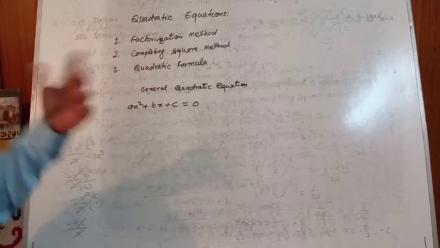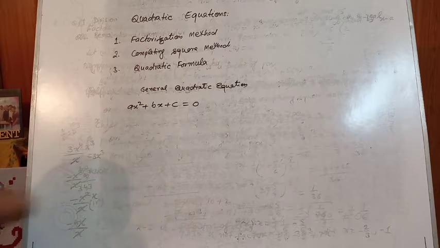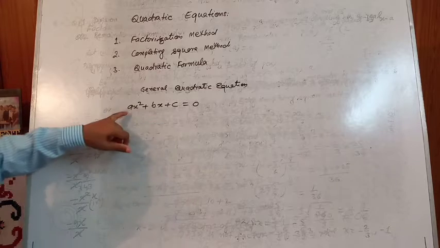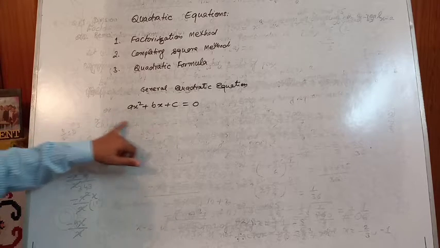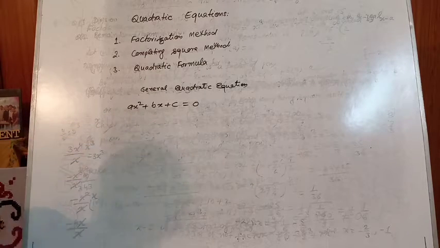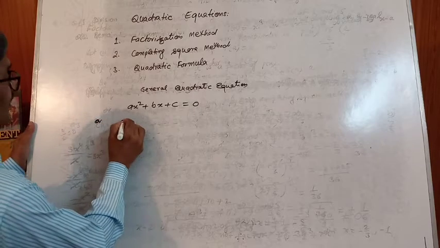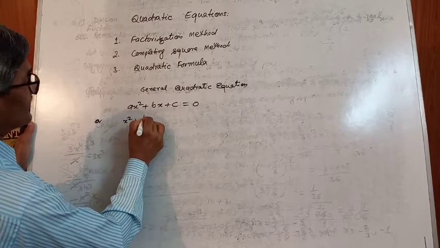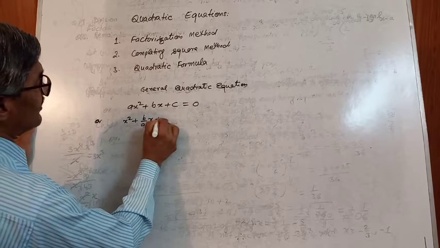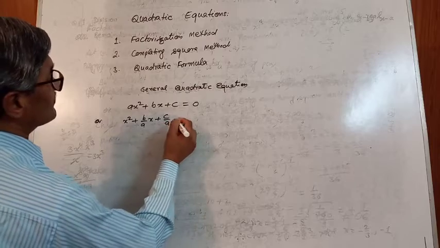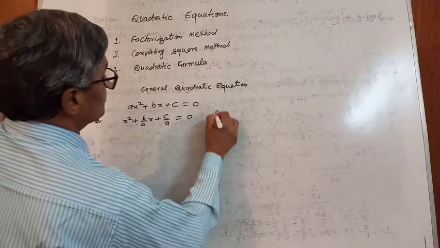Now we will apply the same method. First what will we do? Divide this equation by the coefficient of x square, which means we divide by a: x square plus b by a x plus c by a equal to 0.